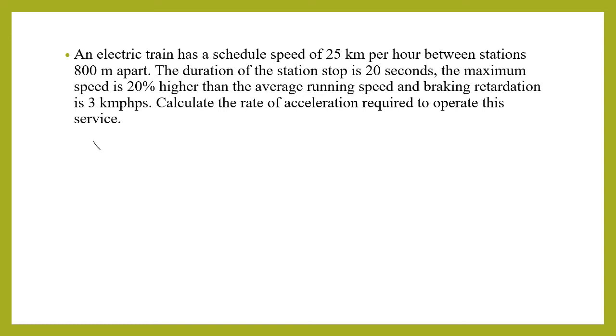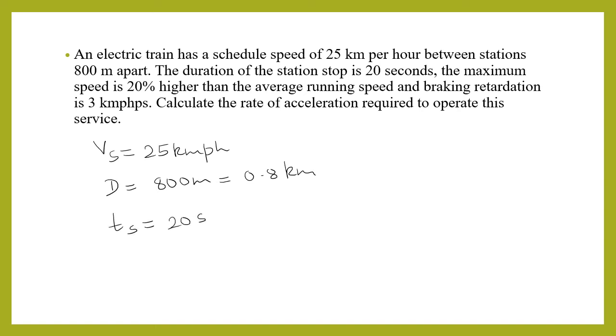We have Vs equal to 25 km per hour, D equal to 800 meter, that is 0.8 kilometer, Ts equal to 20 seconds, Vm by Va equal to 1.2 since maximum speed is 20% higher than the average speed, and beta is equal to 3 km per hour per second.